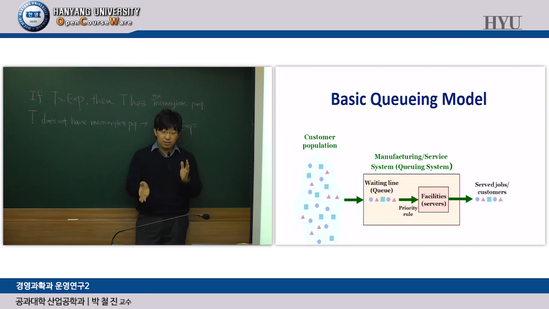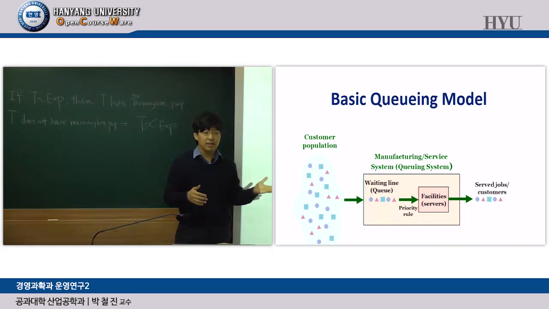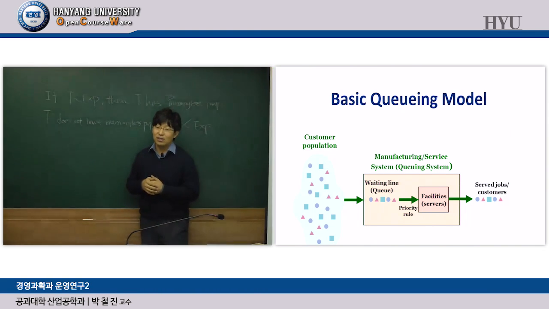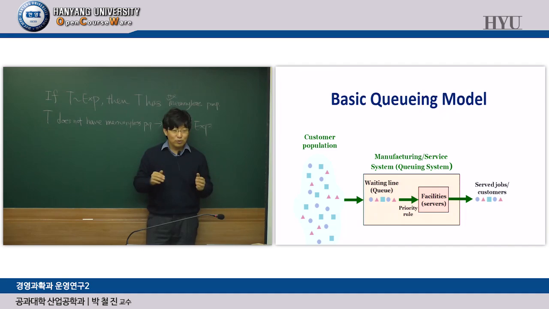So based on the variation of the arrival times and the service times, there exists a waiting line. If a waiting line is too long, then what happens? If you visit the dental clinic and there are so many people, you hear that you need to wait like 3 hours.